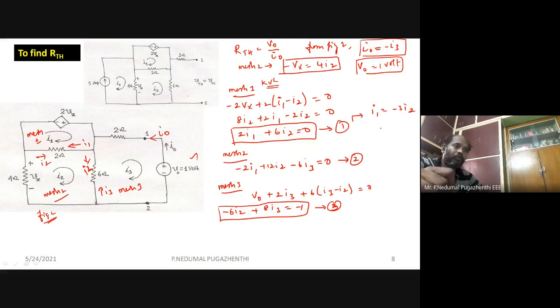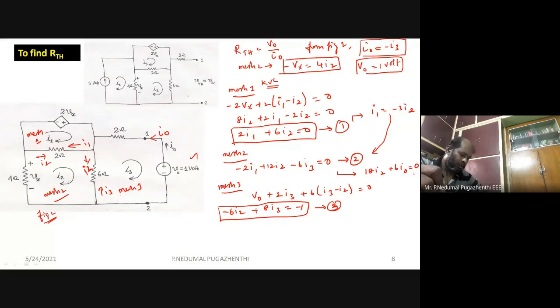Based on this I can reduce this as 18 I2 plus 6 into I naught is equal to 0. Instead of I1, if I replace minus 3 I2 and do some manipulation, I will get 18 I2 plus 6 I naught is equal to 0.